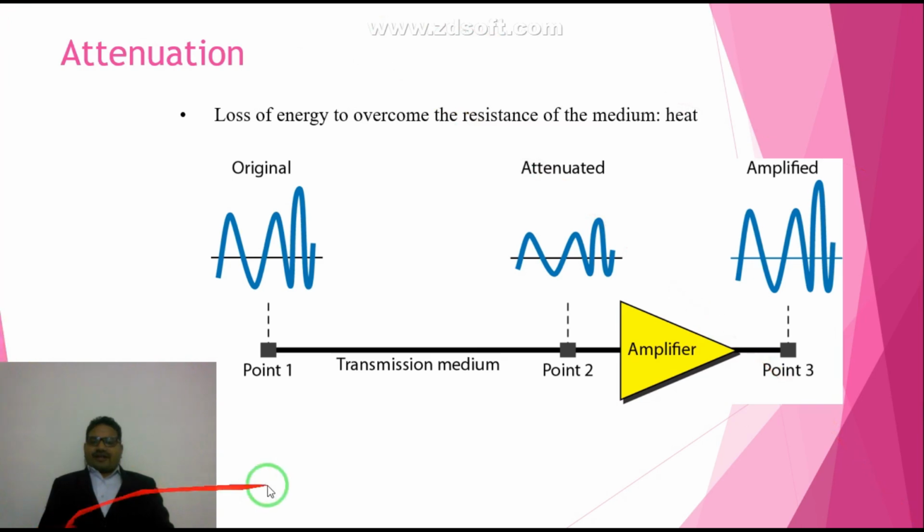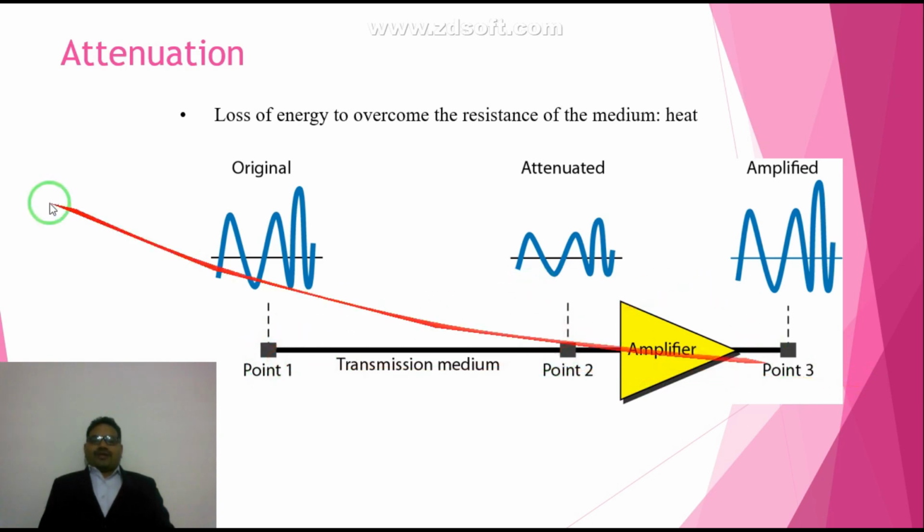In the figure, you can see that in order to compensate this loss, we have introduced an amplifier. There are 3 points: point 1, point 2 and point 3. When the original signal is transmitted, while reaching point 2 it gets attenuated due to the loss of energy in order to overcome the resistance of the transmission medium.